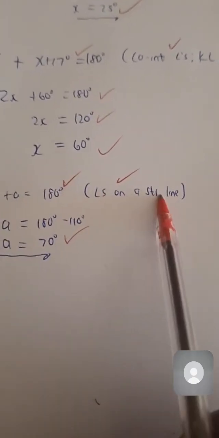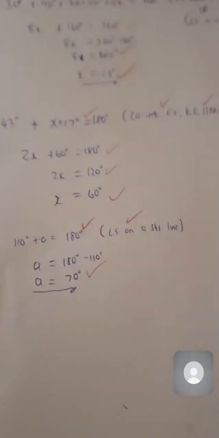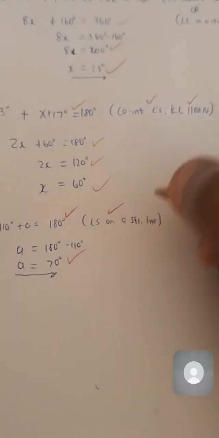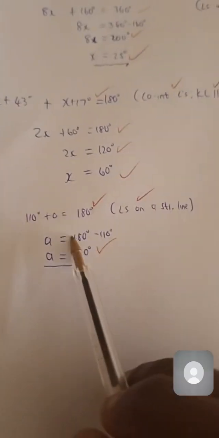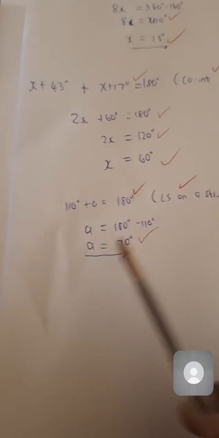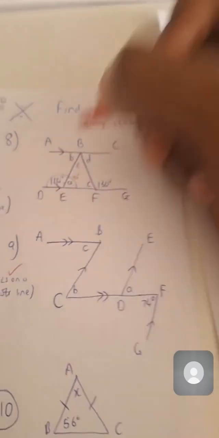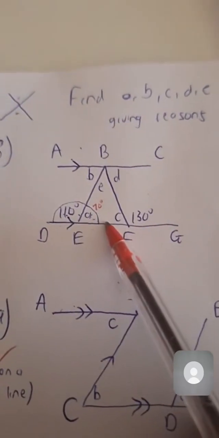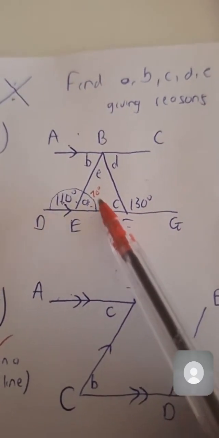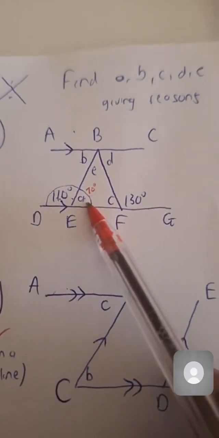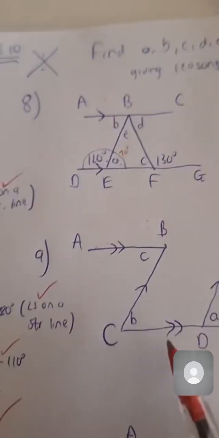That is the reason, according to that acceptable reason document, angles on a straight line. And then obviously when we solve, we transpose the 110, we get A is 70. Nice. Then what we do is we update our diagram so that the new information, hopefully it's accurate, guys. It's always nice when the answer is accurate. Then when we update with correct information. Next.